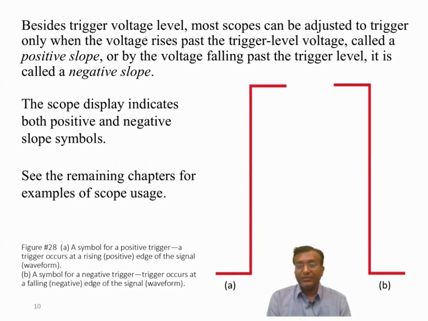We have also seen the oscilloscope trigger. In this trigger there are a positive and a negative trigger. The symbols of these are shown in A and B. For a positive trigger symbol, a trigger occurs at a rising positive edge of a signal. So A indicates the positive trigger symbol, whereas a negative trigger occurs at a falling negative edge of the waveform. So this is the negative edge.